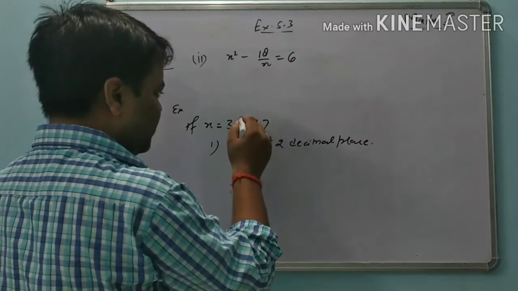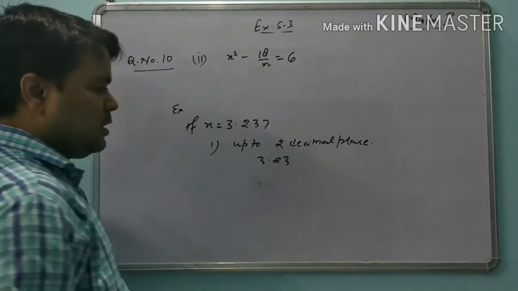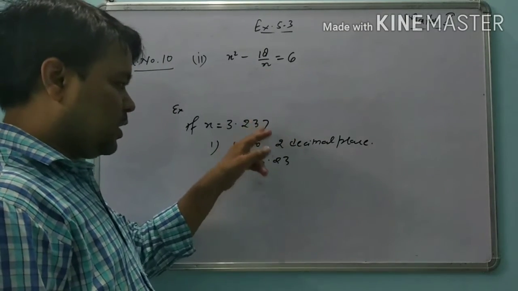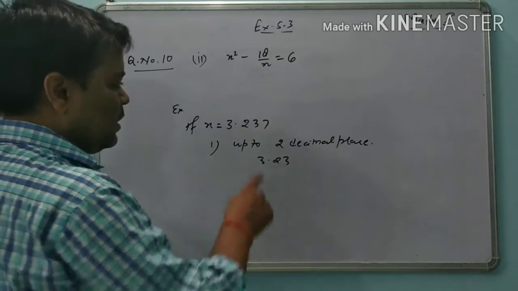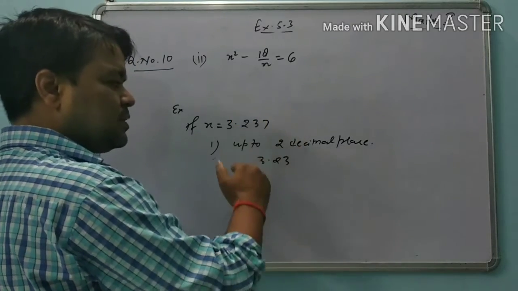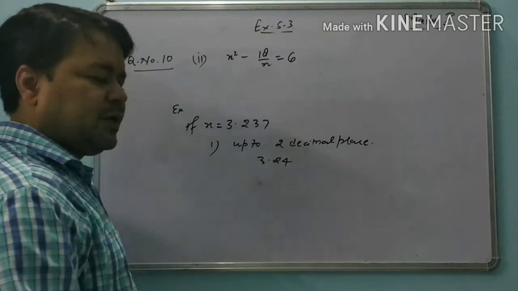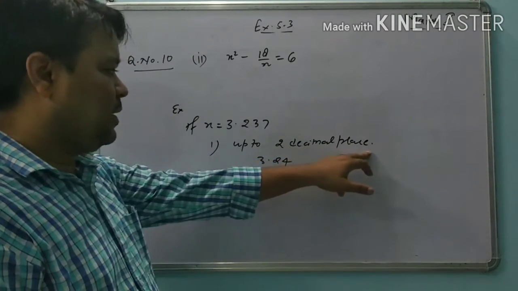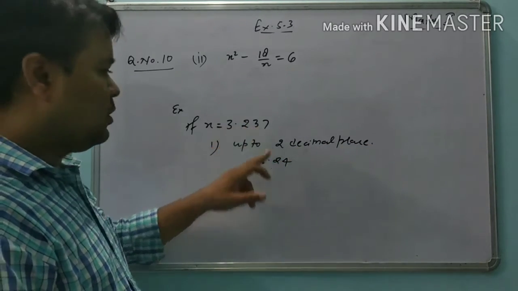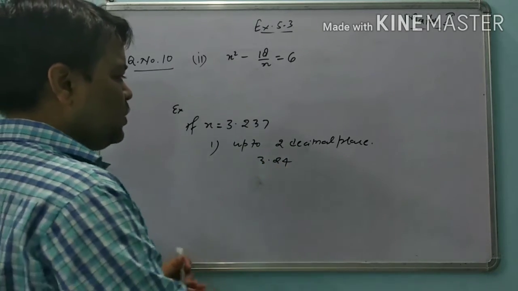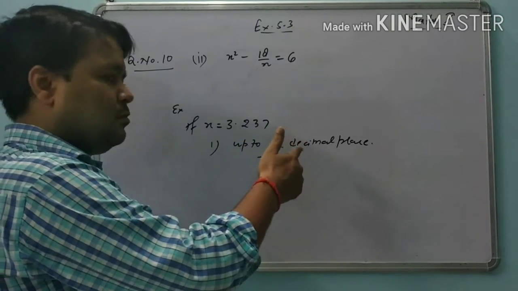For two decimal places we take only 3.23, but we look at the digit after that, which is 7, greater than 5.